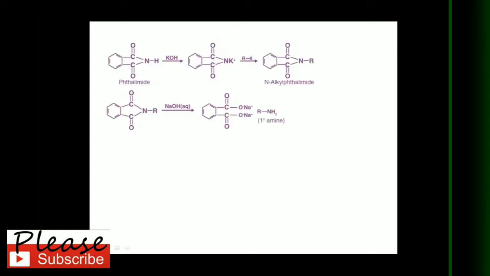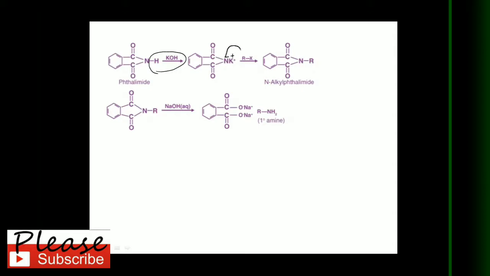Next, total number of amines among the following which can be synthesized by Gabriel synthesis. Okay, so what is Gabriel synthesis? What is the Gabriel phthalimide synthesis? In this case, first phthalimide reacts with KOH, an acid base reaction takes place, as a result N minus K plus, the N minus nucleophile, is formed.